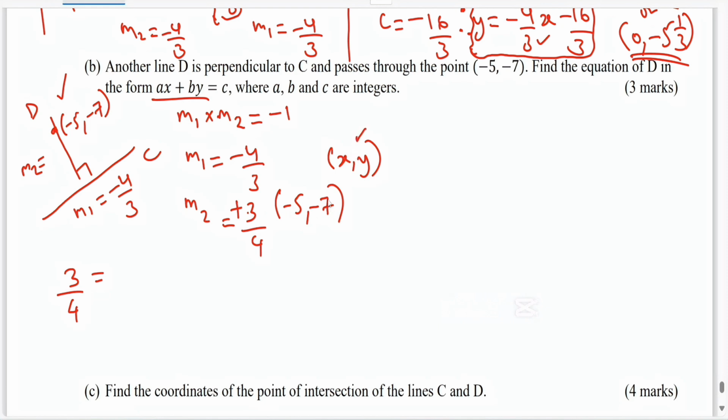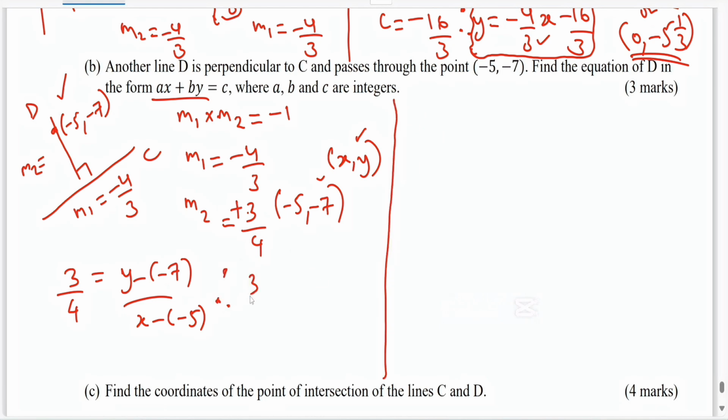So 3/4 is equal to y minus -7 over x minus -5. You can also use the formula I used earlier, but I want to use this one. So 3/4 equals y plus 7 over x plus 5.